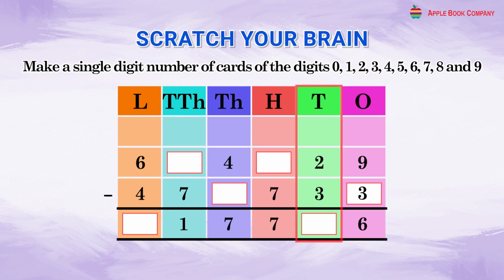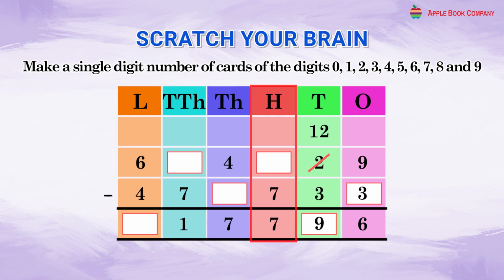Now, let's see on tens. It is 2 minus 3. 2 is less than 3, so you definitely need to borrow a number from the hundreds place. So consider you already borrowed, and 12 minus 3 will give you 9. Now, on the hundreds place, remember that you already borrowed a number and it should be subtracted with 7 so that the difference is 7.